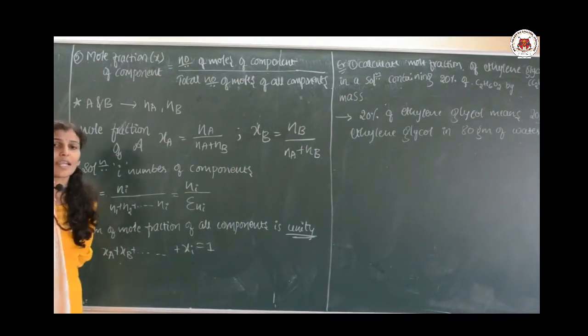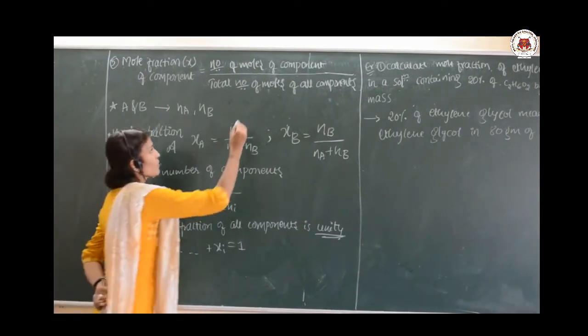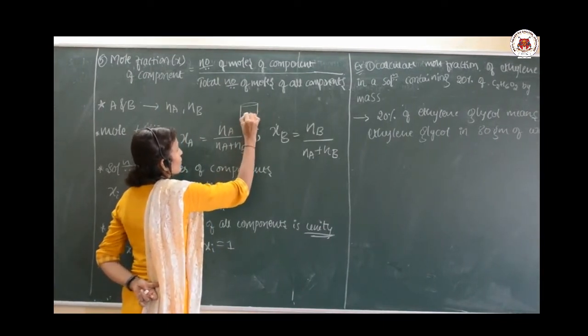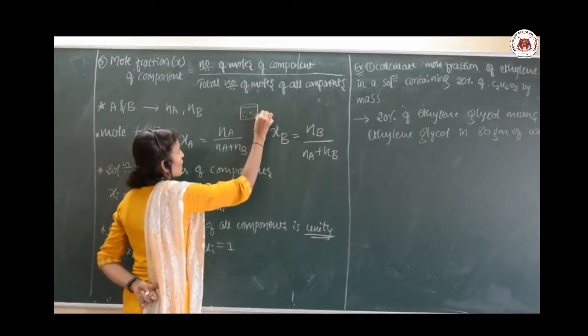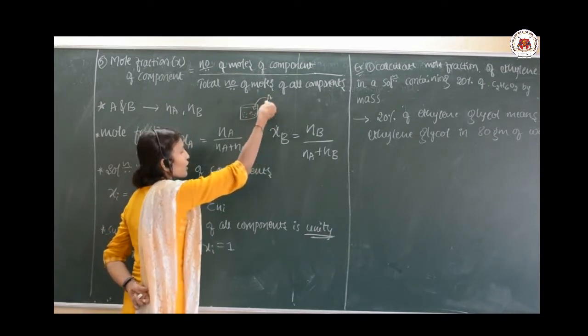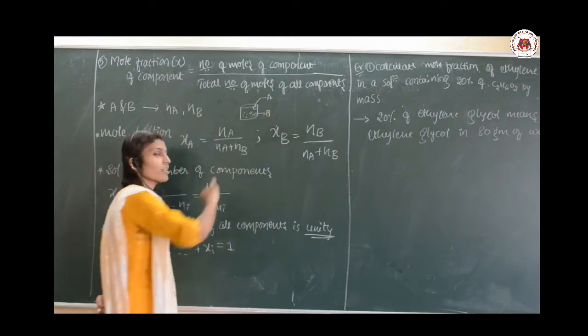Suppose there are two components A and B. Let us take a beaker. You take two components. This is the component A which I am adding, and this is the component B which is present here.